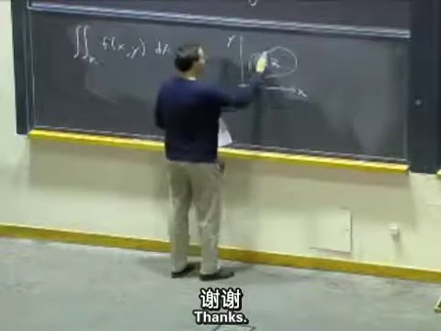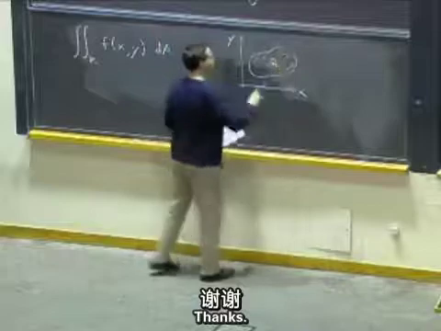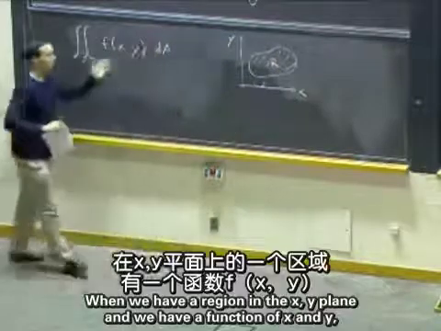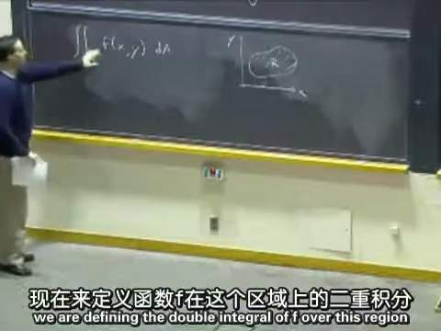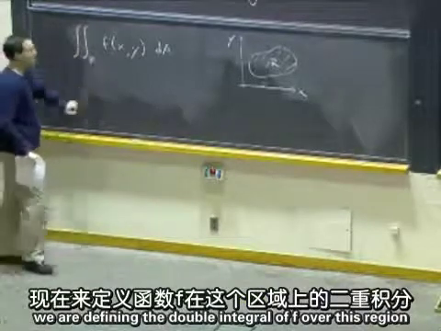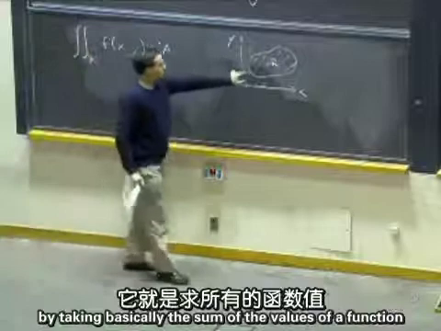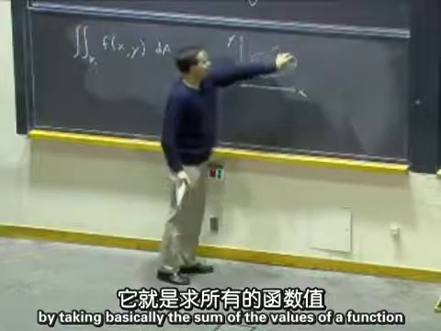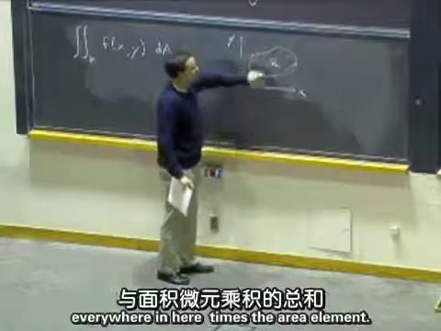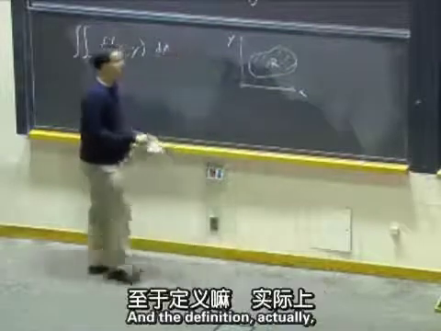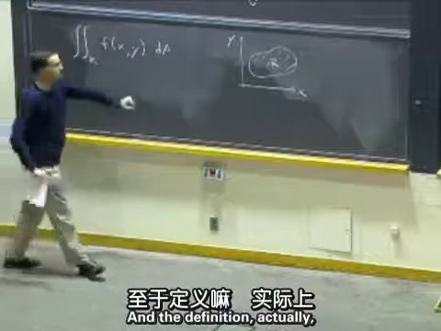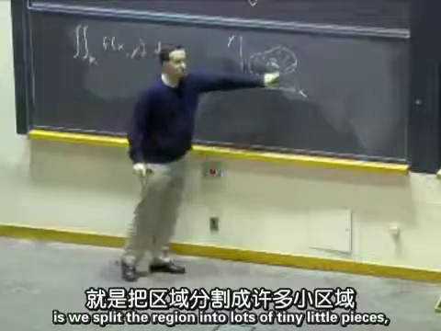Okay, so when we have a region in the xy plane, and we have a function of x and y, we are defining the double integral of f over this region by taking basically the sum of the values of the function everywhere in here times the area element. The definition is that we split the region into lots of tiny little pieces.